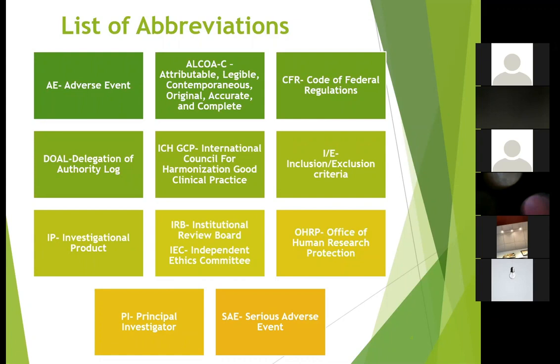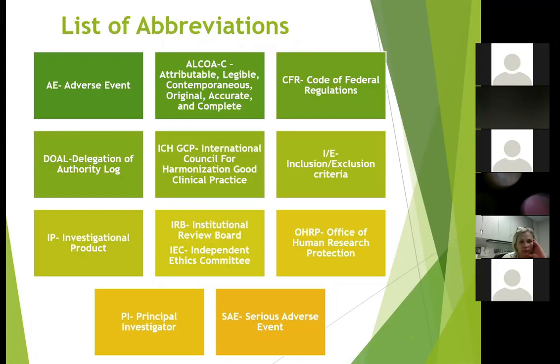We always should apply ALCOA C. CFR is the Code of Federal Regulations. This is a reference to the FDA regs we must follow for some of our studies that fall under the FDA purview. The DOAL is a delegation of authority log.